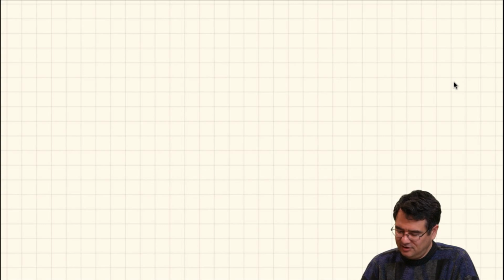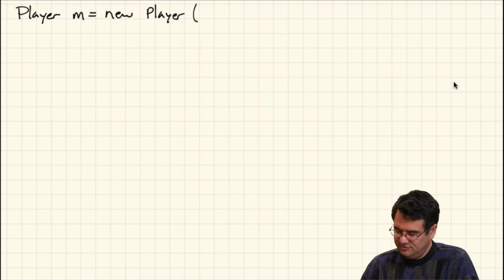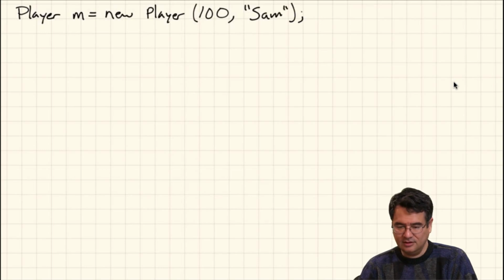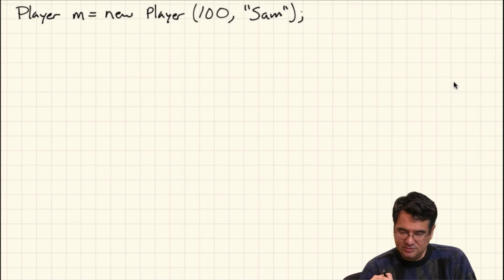So we might say player M equals new player. Let's give this an ID of 100 and a name of, let's use Sam again. And the constructor is going to store the number 100 into the object and the string Sam into the object as well.